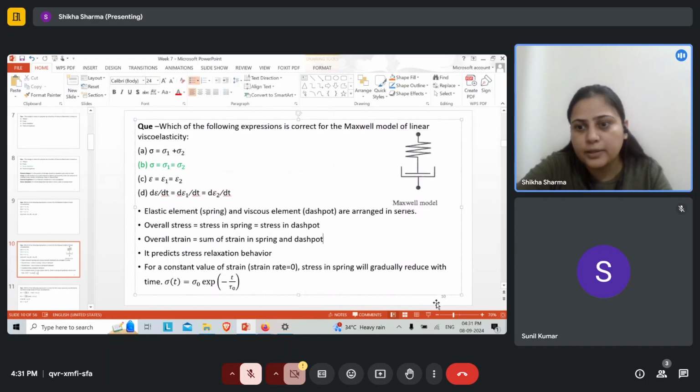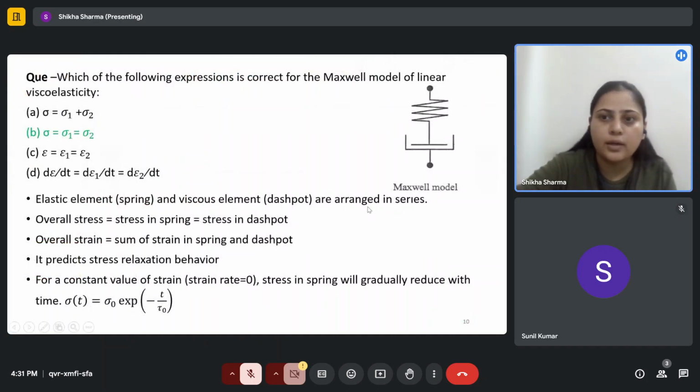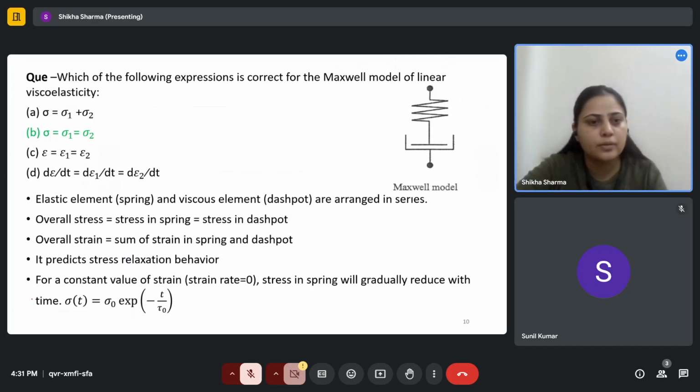So they are arranged in series in the Maxwell model. The viscous and the elastic components, the spring and the dashpot, are arranged in series. Then in the Maxwell model, the overall stress will be equal to the stress in the spring and equal to the stress in the dashpot.